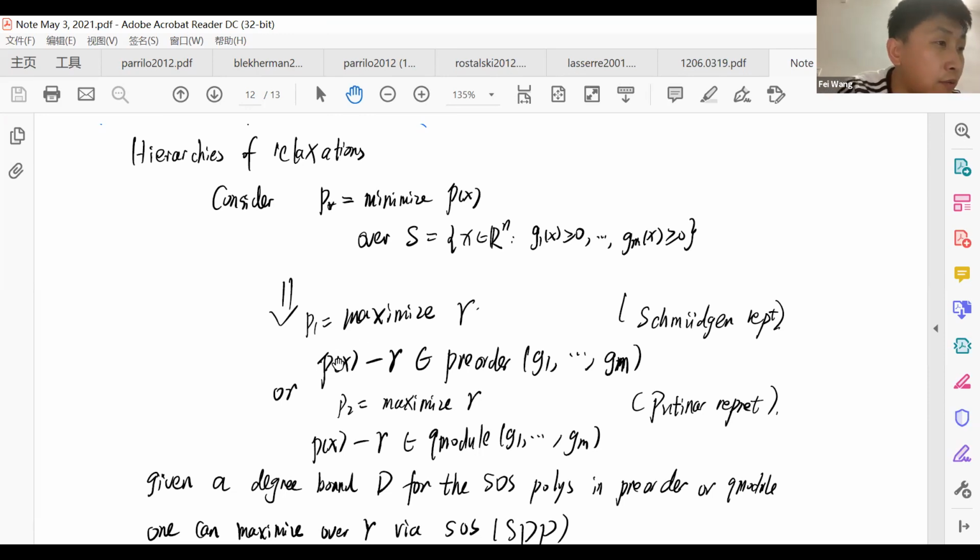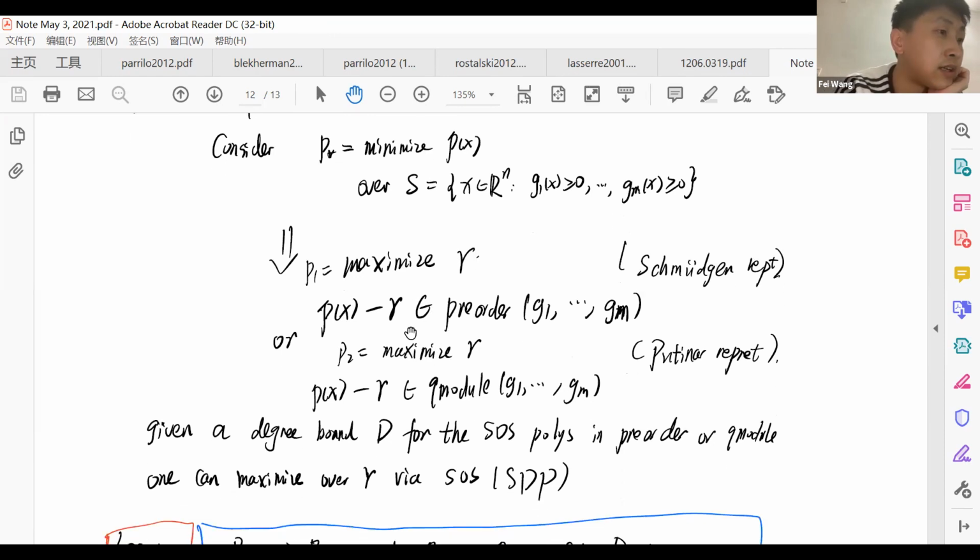So P1 minus gamma should be non-negative, right? Or we can solve this other problem, P2: we maximize gamma so that P(x) minus gamma is in the quadratic module of G1, G2, ..., Gm.